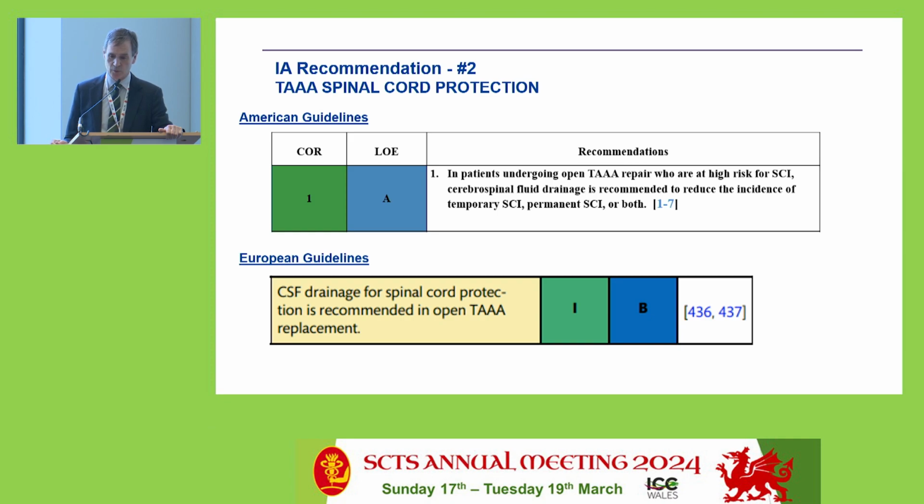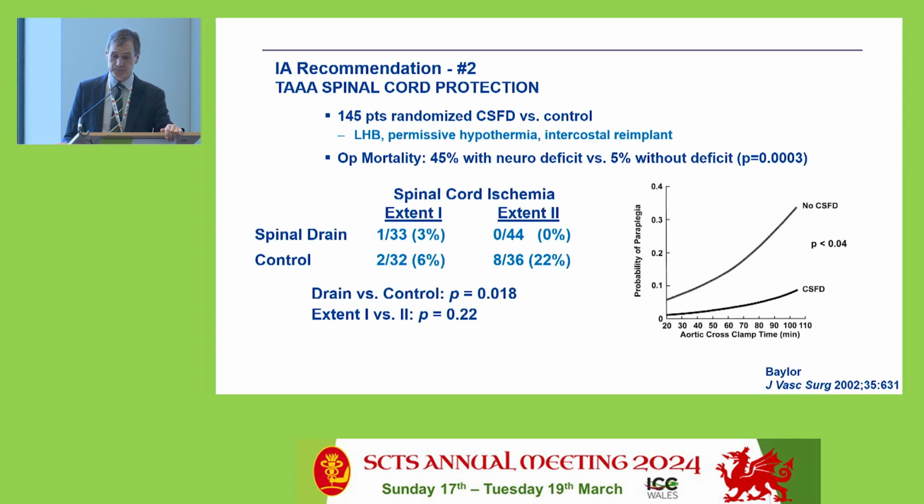In patients undergoing open TAA who are at high risk for SCI, cerebrospinal fluid drainage is recommended. The European guidelines are similar, even more widespread, involving more patients. CSF drainage for spinal cord protection is recommended in open TAA. They didn't limit it to patients that were necessarily at high risk for SCI, but they gave it a 1B instead of a 1A. So let's look at some of the data to support that.